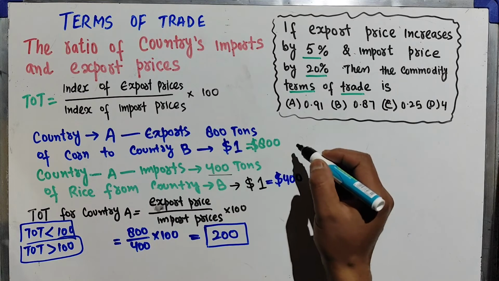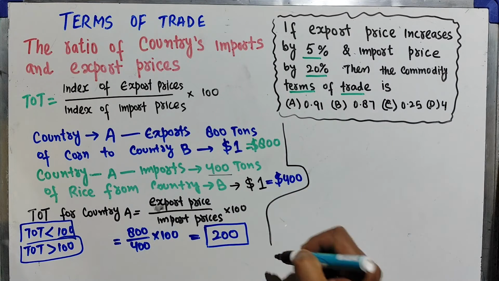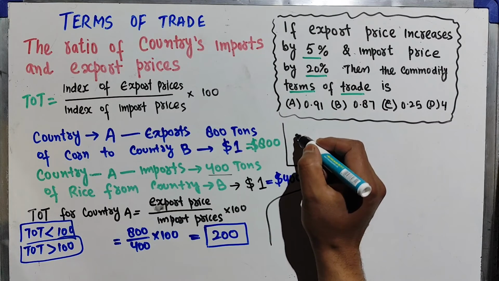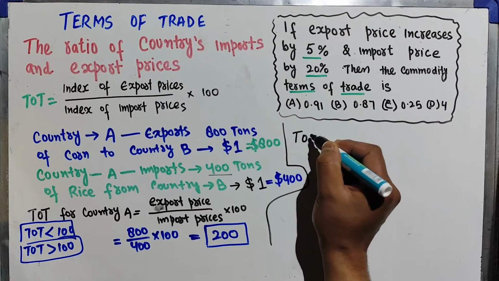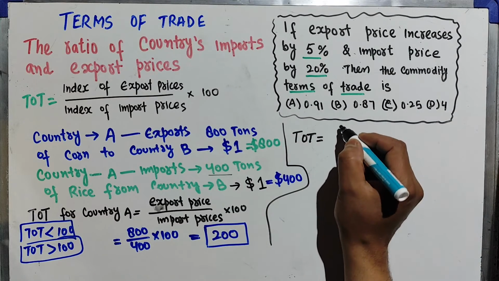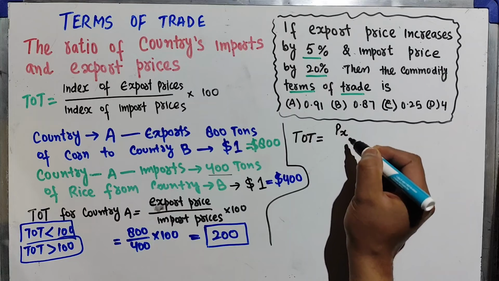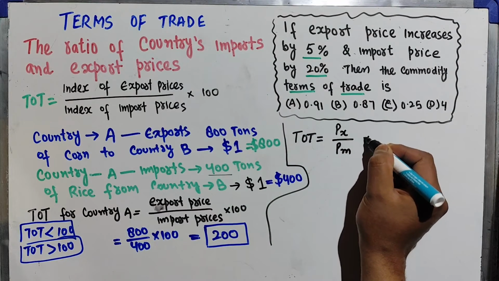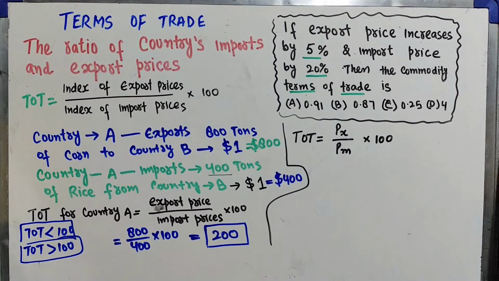It is simply equal to, as I have told you, export prices upon import prices into 100. This is the formula for net barter terms of trade, or what we call commodity terms of trade.